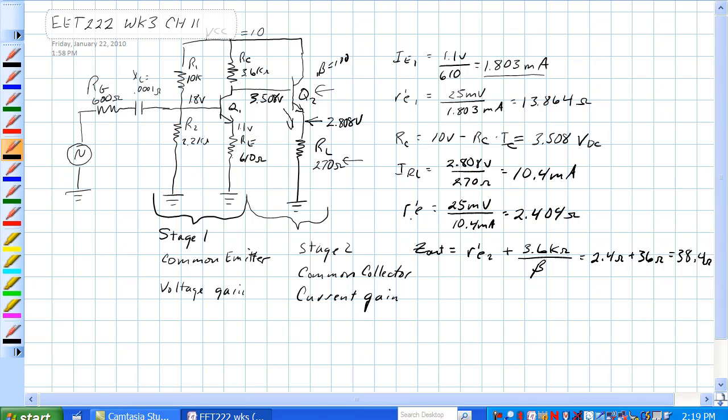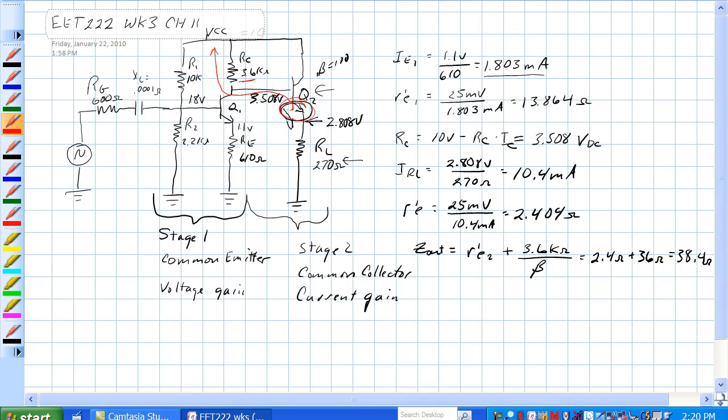So we found IRL, r'e, Z out. Remember Z out, we'll have to Thevenize this circuit. Thevenize says you remove RL and you look into the circuit. So what we see is the r'e right there, and a path to AC ground of 3.6k ohms.